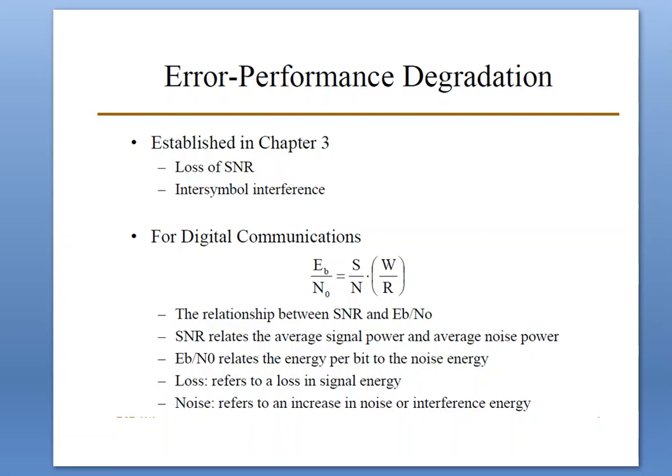There are also several sources of interference and electrical noise, produced by a variety of mechanisms and sources, such as thermal noise, galactic noise, atmospheric noise, switching transients, intermodulation noise, and interfering signals from other sources.